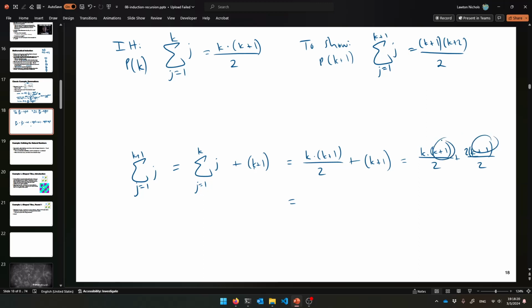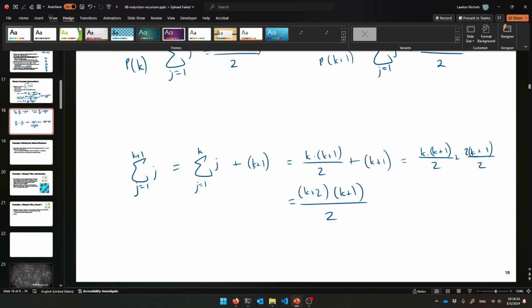You can take out a k plus 1 from each of these. And what's left? Well, there was a k and there was a 2, so it's k plus 2 times k plus 1 over 2. And that's what I need to show.